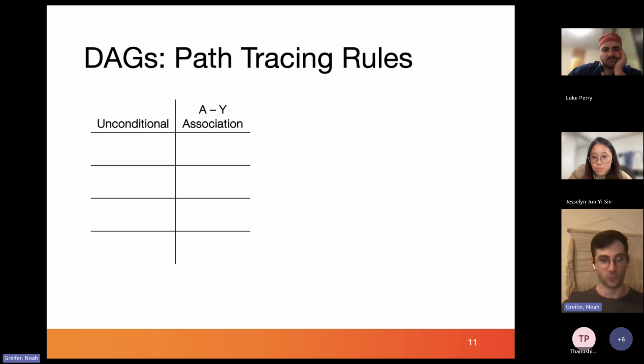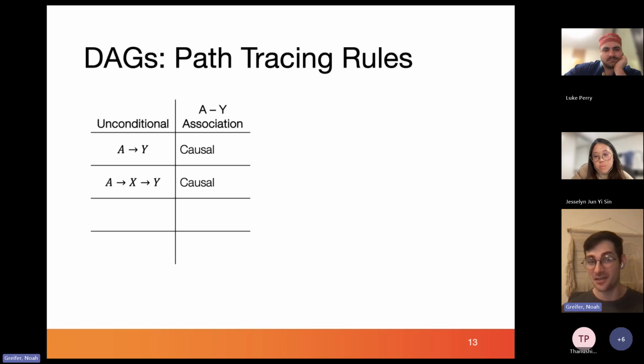So there are some rules that DAGs give us that allow us to understand whether two variables are associated with each other and the nature of that association. That is, whether that association is a causal association or a non-causal association. So the most basic relationship is just if A causes Y, we say that A and Y are going to be associated, and that association is causal.